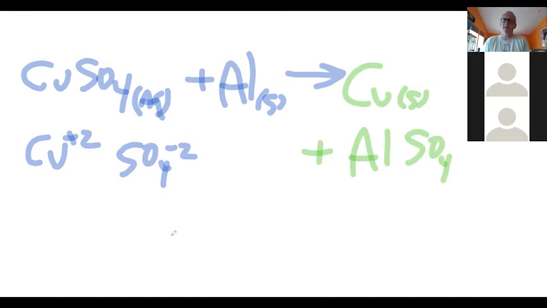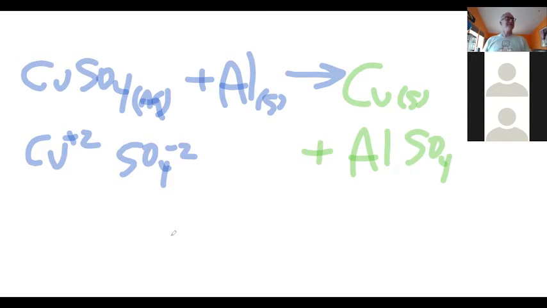What charge does aluminum take on when it goes into solution? How do we figure that out? +3. +3, you're absolutely right. How did you know that? I know that from the periodic table.